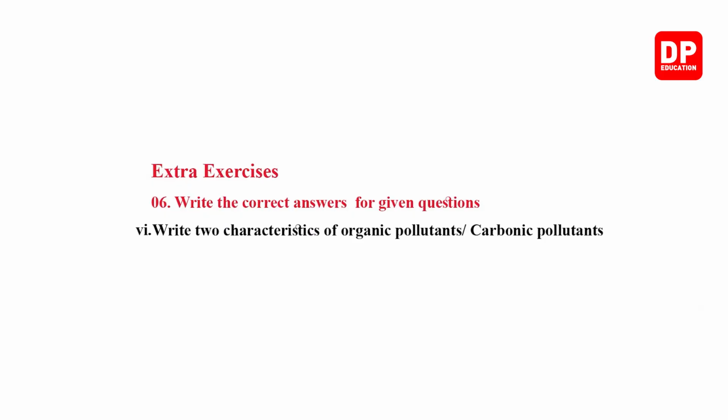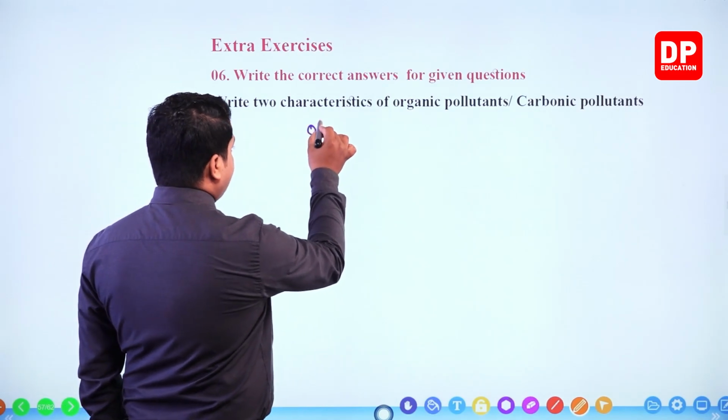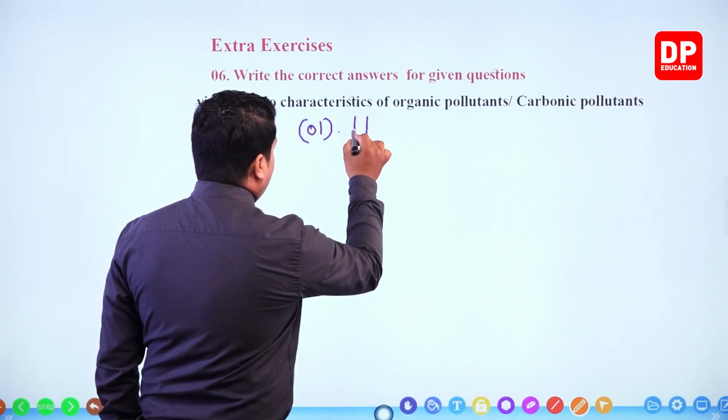Next one. Write two characteristics of organic pollutants. Two characteristics of organic pollutants. That means, my dear children, POPs. So, we'll write down number one, highly toxic.